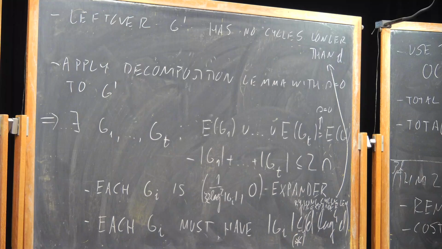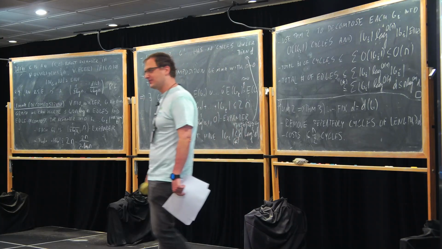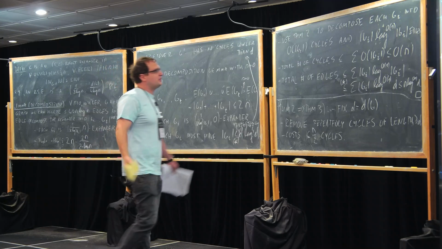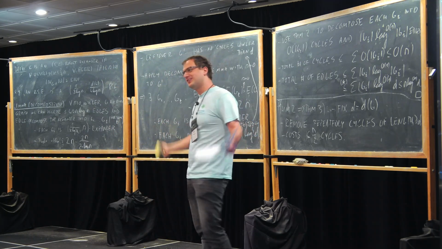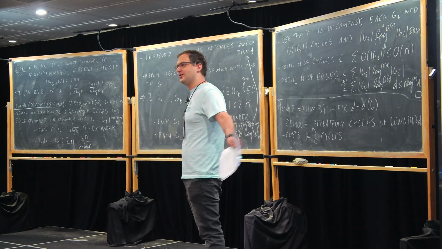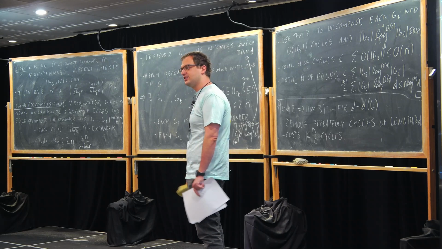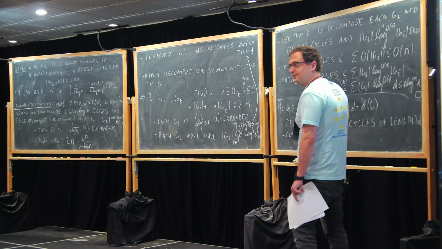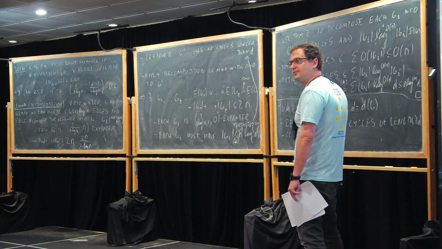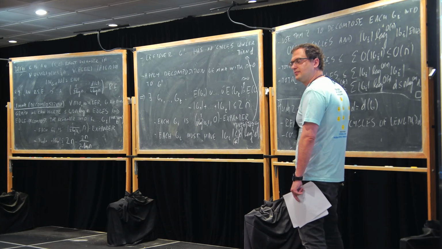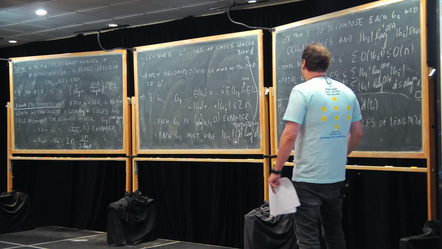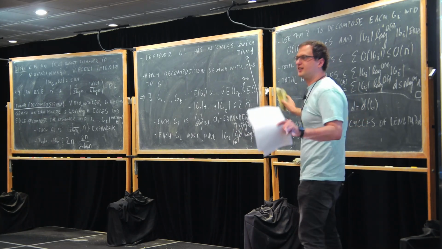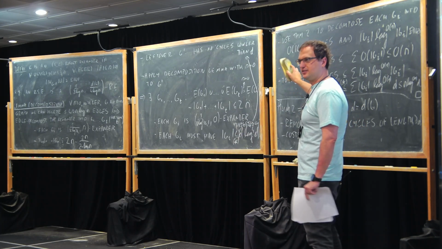Yes? So all the big O's here, think of them as 100. Like they will range between 100 and 1,000, and I'm just being lazy with keeping track and changing them all the way. Let's say you decompose your graph into two expanders, both of size n. Decompose each of them into 100 cycles. So I agree with you that you need to put correct constants in the big O's everywhere.